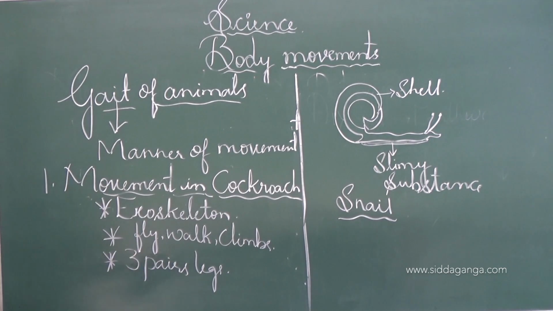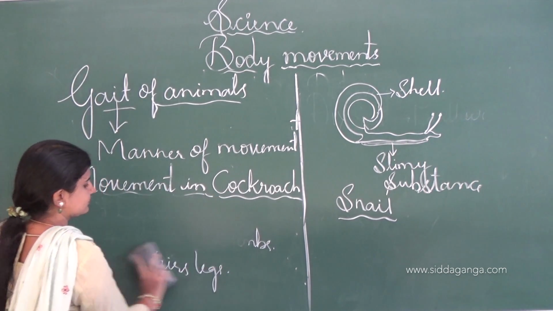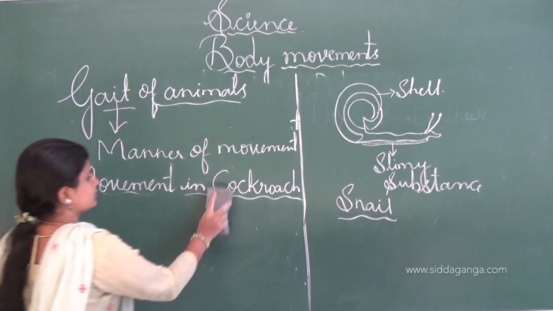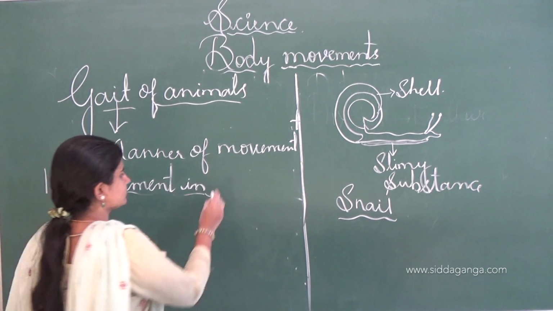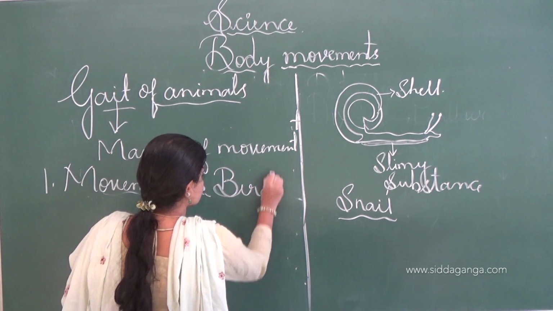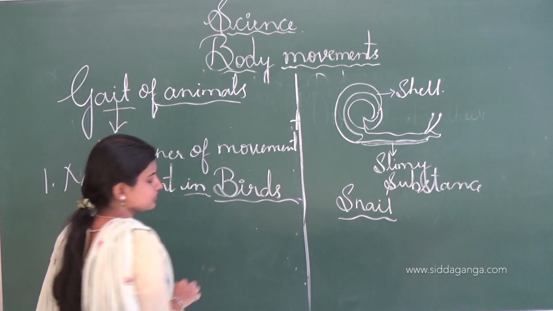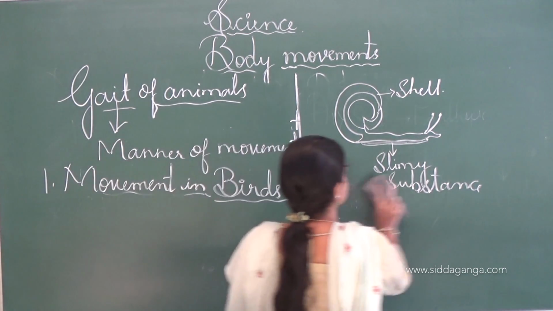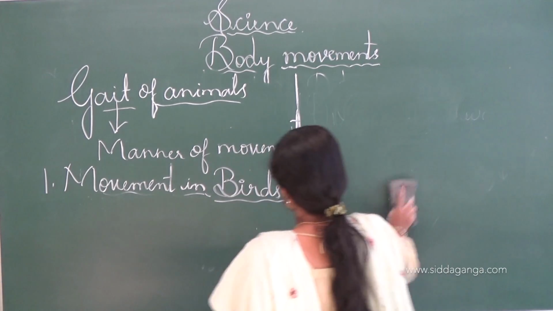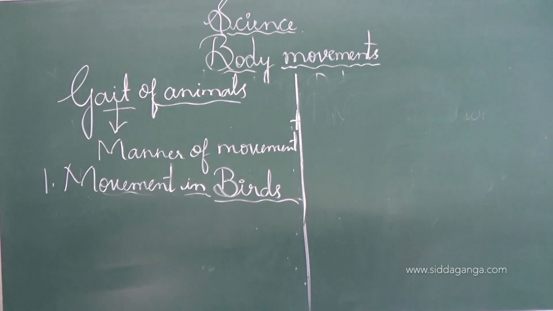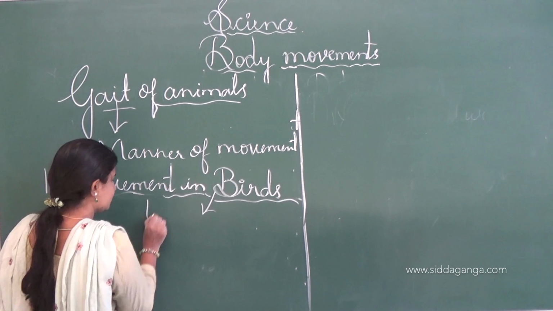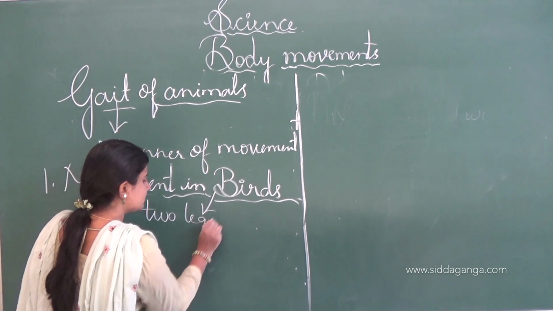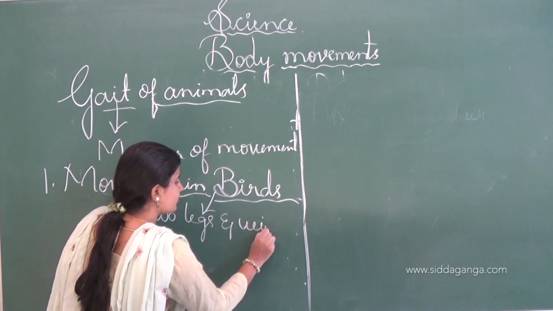Next one is movement in the birds. Birds have 2 legs, and wings are present.